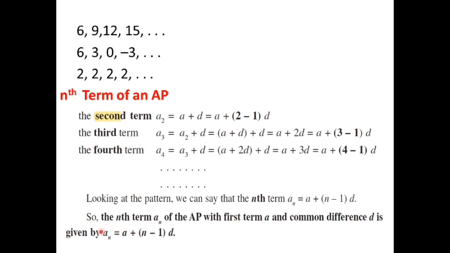Here this is the nth term value. For example, here if you observe, what is this? Third term means A3. Third term is 12. Here what is A3 value? 12. But what is n value here? 3. Is it clear? This is very important.